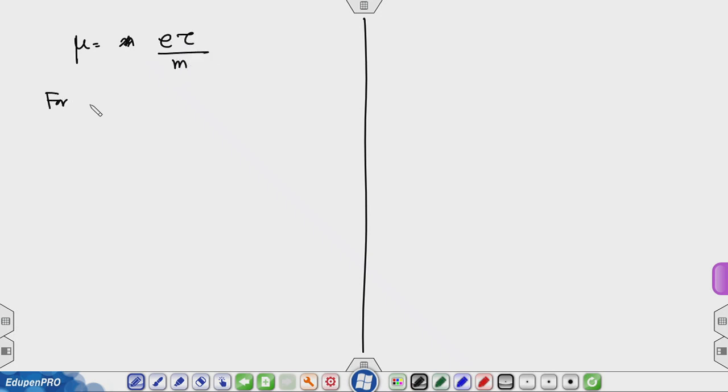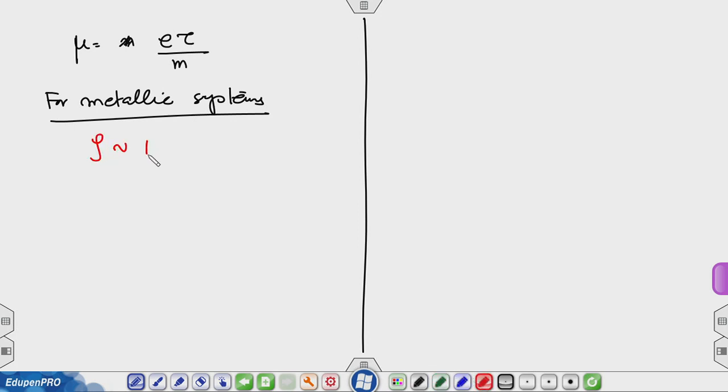Now, for metallic systems, we had the resistivity of the order of 10 raised to minus 6 ohm centimeter, and therefore, conductivity of the order of 10 raised to 6 ohm centimeter inverse.